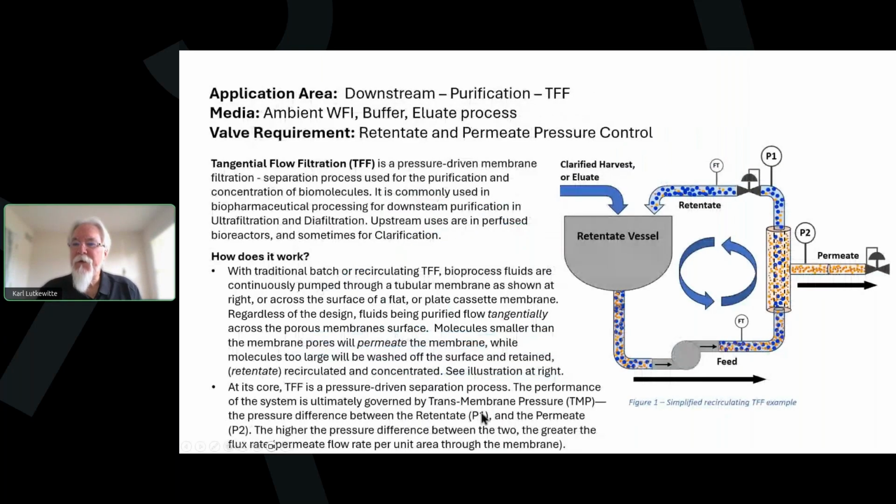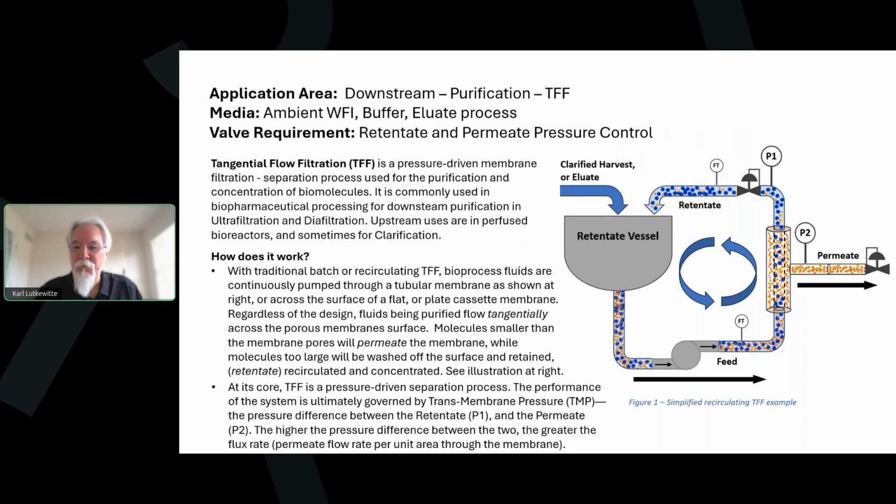And that's basically how it works. But you need pressure for this to work, right. Since the system is pressurized by a pump, pressure forces the smaller molecules to pass through the membrane pores. They permeate the membrane, hence the term permeate. You can see that on the far right of the illustration. Larger molecules, the blue ones, can't pass through, and they are retained as retentate, as we've got marked on the illustration as well.